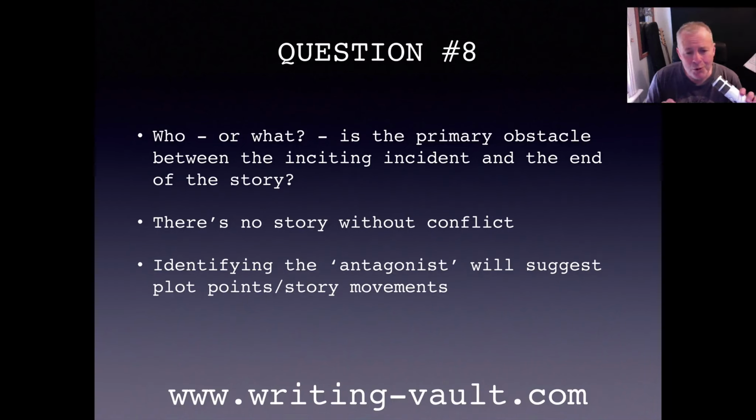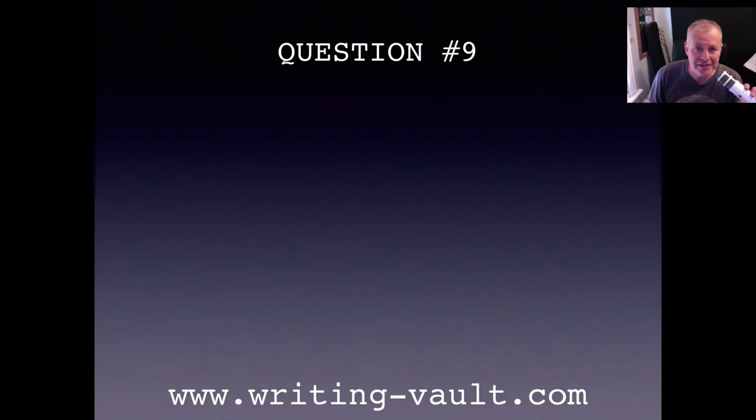And what you'll probably find is that identifying who that antagonist is, or sometimes it might be a thing or weather or a physical obstacle, will often suggest plot points or story moments in the journey from the start to the finish. So by answering all these questions without really thinking about the story in terms of plot points, we're thinking in much bolder colours, and you'll actually get some of these ideas as you're answering the questions.